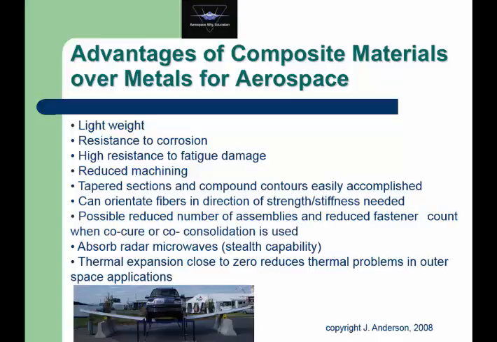Interesting picture here. This is an aircraft wing section from a small company in Bend, Oregon. Started out making kit airplanes. It was called Columbia Aircraft. I think they're still in business.